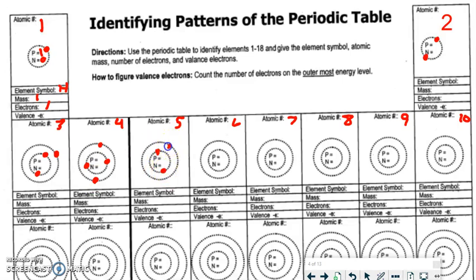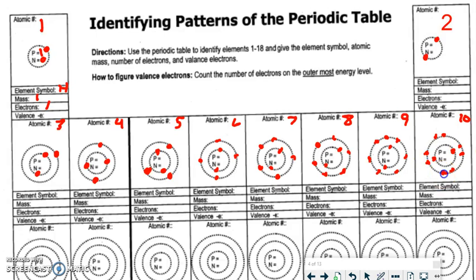So 1, 2, 3, 4, 5. 1, 2, 3, 4, 5, 6. 1, 2, 3, 4, 5, 6, 7. 1, 2, 3, 4, 5, 6, 7, 8. 1, 2, 3, 4, 5, 6, 7, 8, 9. 1, 2, 3, 4, 5, 6, 7, 8, 9, 10.